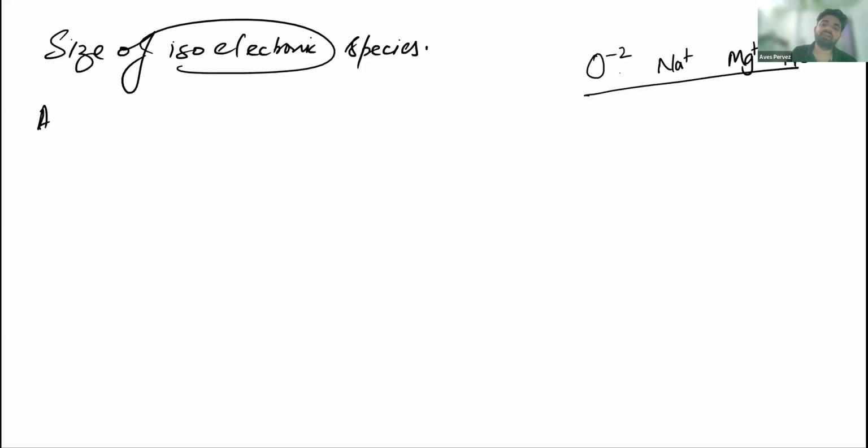They all have 10 electrons in total. Oxygen has electronic configuration 2, 6, but it gains 2 electrons, so it has a minus 2 charge and 10 electrons. Similarly, Na is 2, 8, 1, but as Na positive it loses 1 electron and has 2, 8.